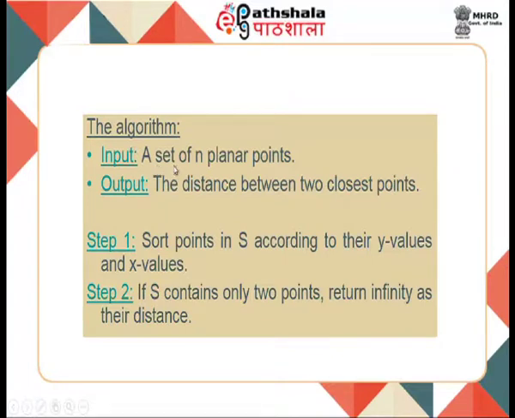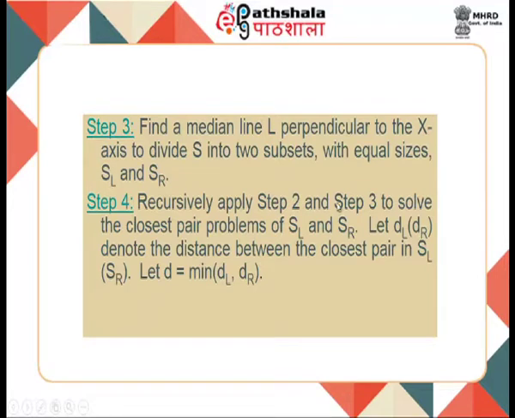We are given a set of n points, and this is what our objective is going to be. As I said earlier, we are going to arrange the points in sorted order. If S consists of only one point, we return infinity as the distance; otherwise, we find the median line.